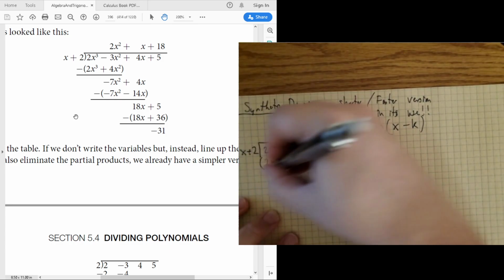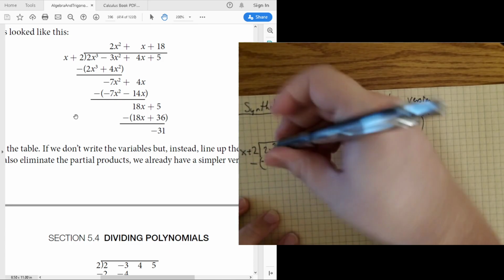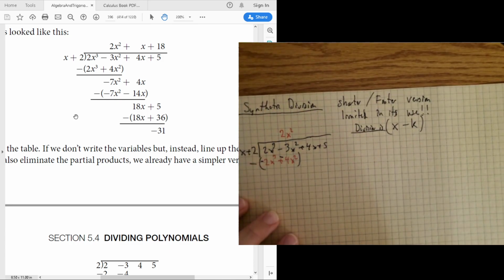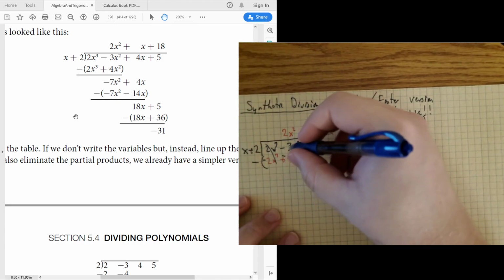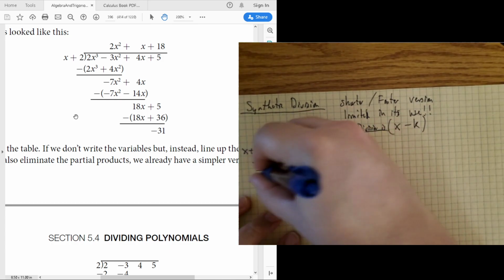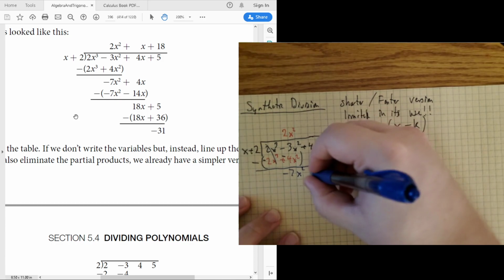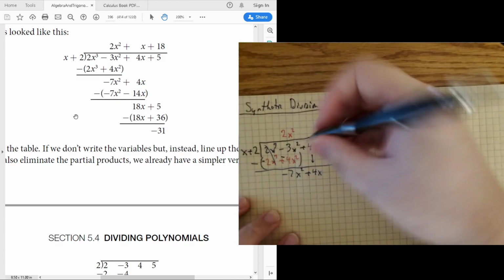We make sure to subtract, which means this first one becomes negative and the second one becomes negative. Negative and positive ends up canceling. Negative 3 and negative 4 become negative 7x squared. Drop the 4 down, so plus 4x. What's the next thing that happens?